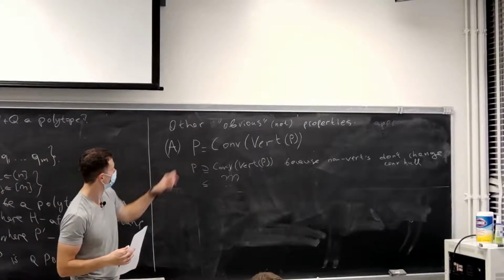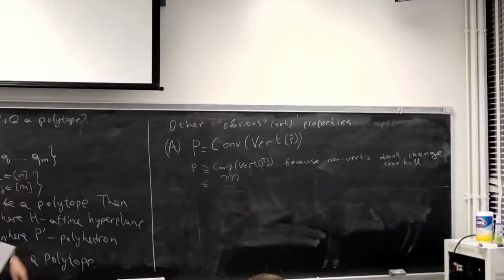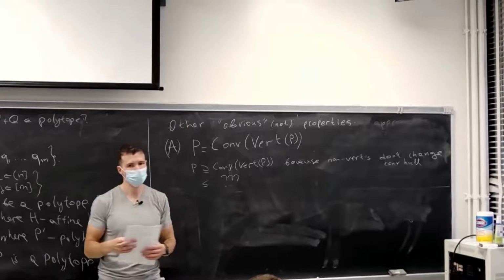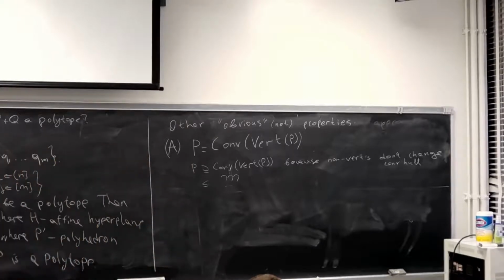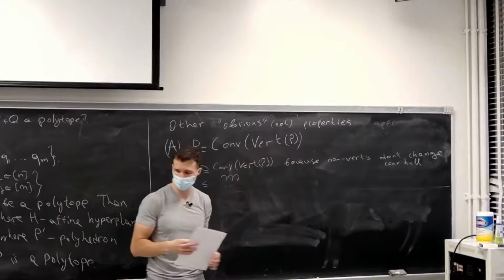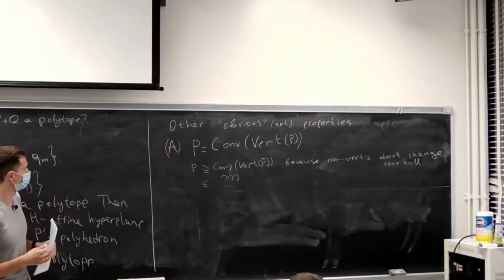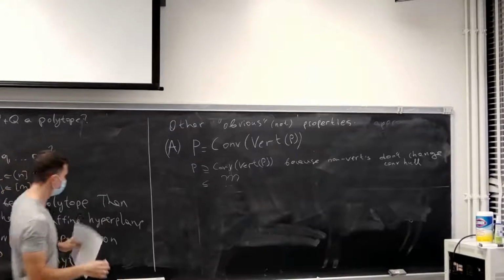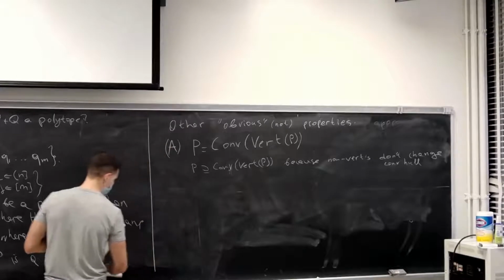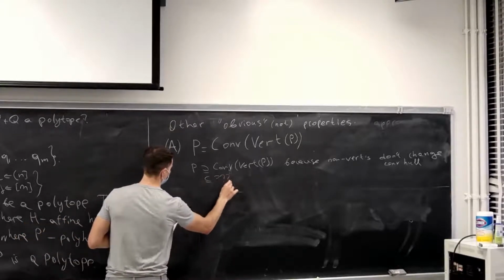But why can't P have some other points which don't really belong to the convex hull? Well, I guess it depends again on the notion of a vertex, like which notion are you using? And I guess for some notions it's clear. Anyways, let me actually try to write down the different notions of vertices. But this part is sort of tricky.